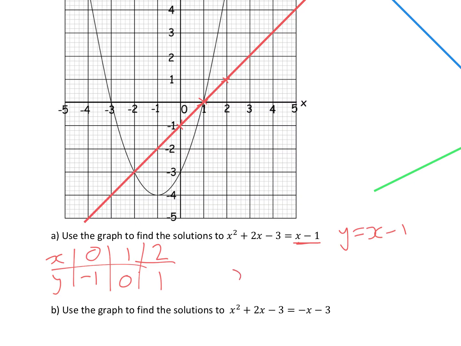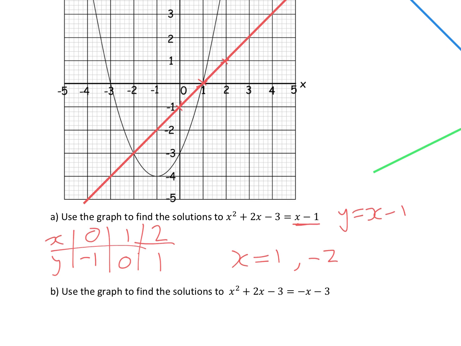Remember, we want x values because this is an equation in x. So x is 1, or when they meet here, the x value is minus 2. So two solutions, because the straight line x minus 1 crosses the quadratic curve in two places.